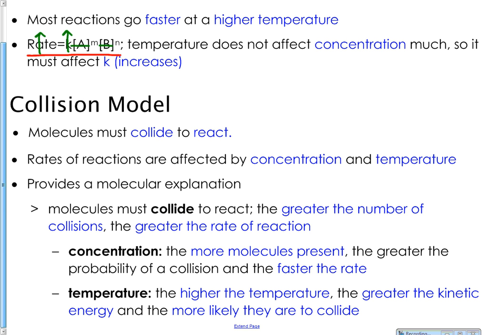If we increase the concentration, we've put more molecules in the container. When you have more molecules, there's a greater probability of colliding, and so therefore the rate would go up. When you raise the temperature, the number of molecules aren't changing, but you're asking them to move faster. So when they have more kinetic energy, they are more likely to collide into one another.